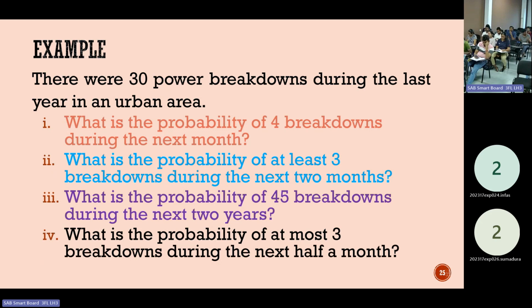For this one, you have to define the variable, lambda, find the probability function, then calculate. For this one, again, you do the same thing for the 2 month period. This is also similar to the second part of the previous problem. So when the duration changes, this is how you handle it.